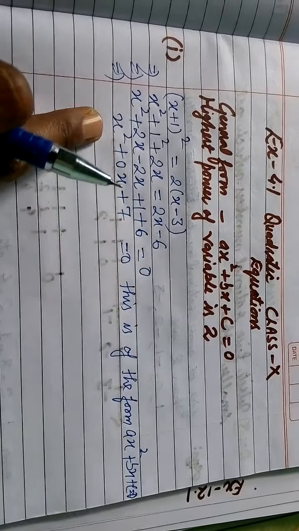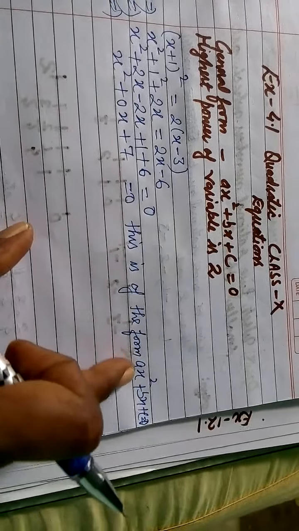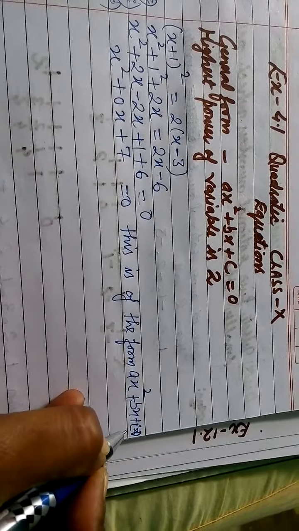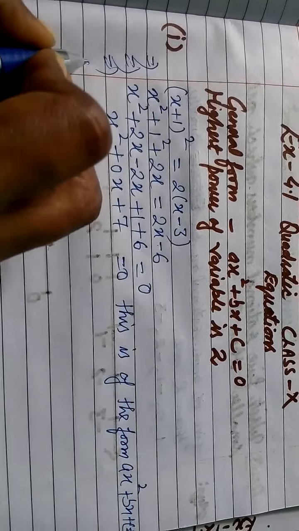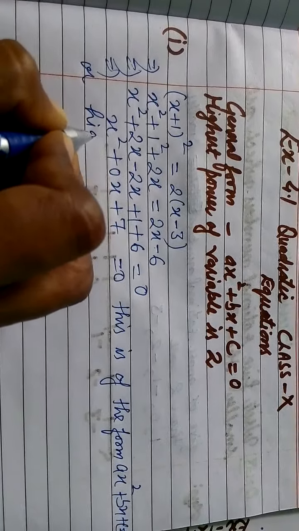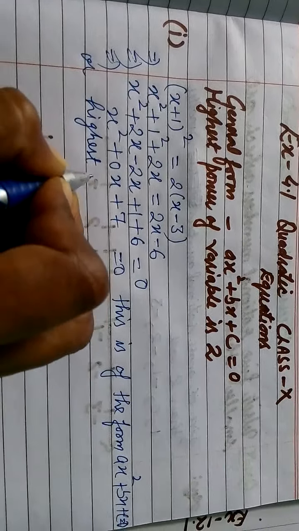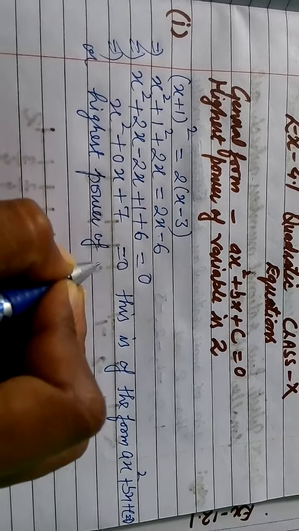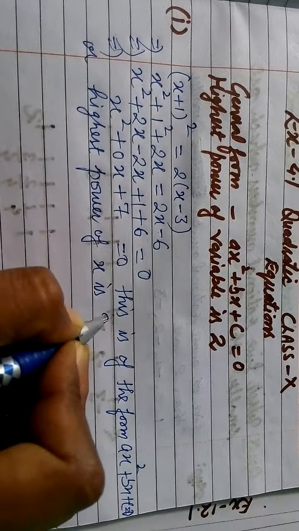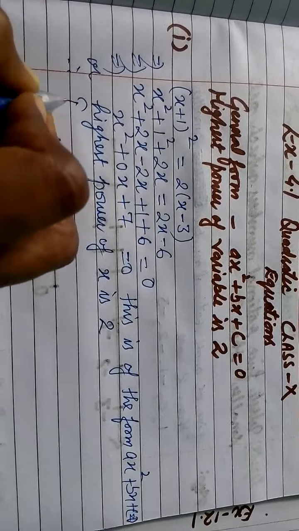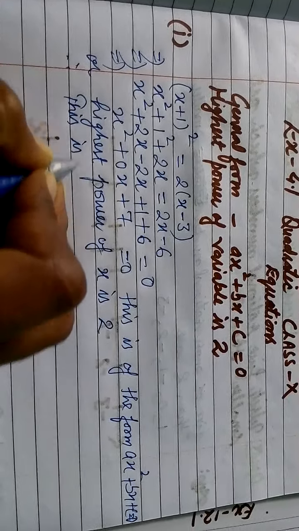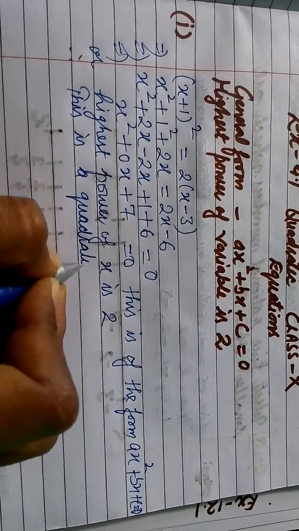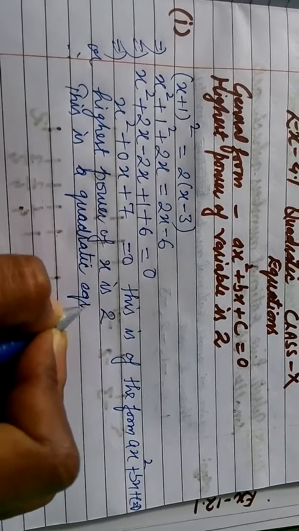Or you can also say that the highest power or highest degree of x is 2. Therefore this is a quadratic equation. Okay, this is the first part.